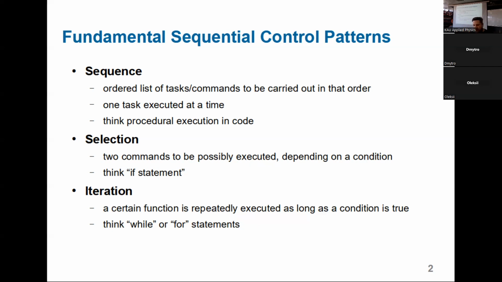So that's while and for statements, loops, basically. And out of these three, you can already make almost all of the programs, if you also include inputs and outputs and the arithmetic operations.